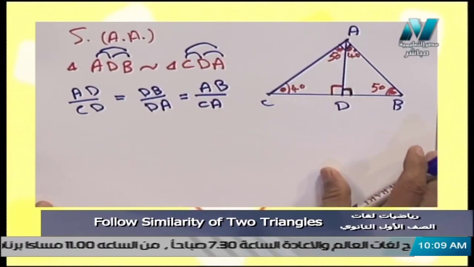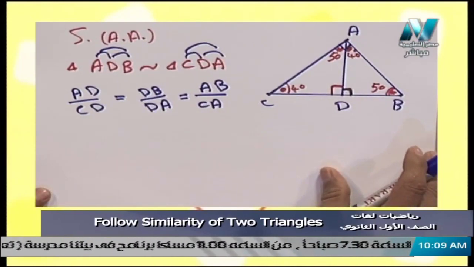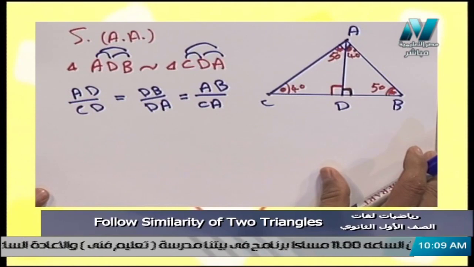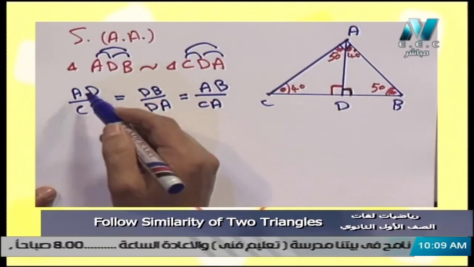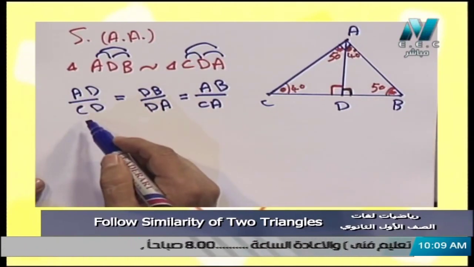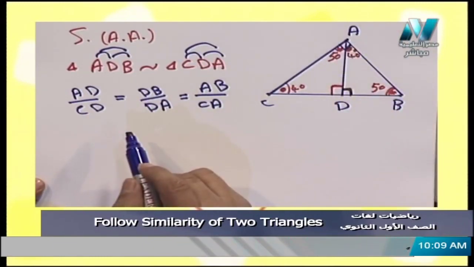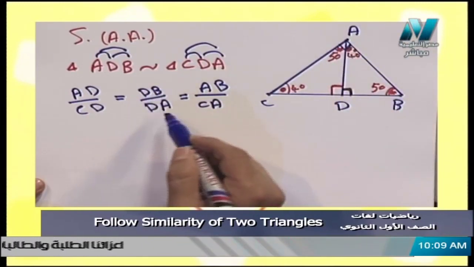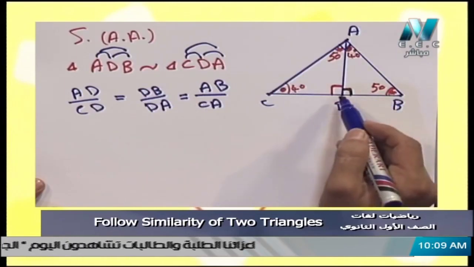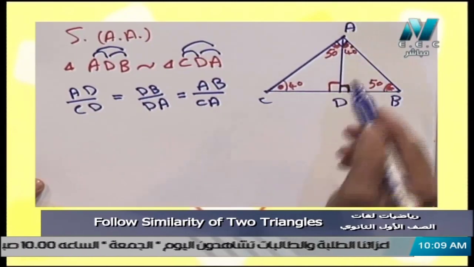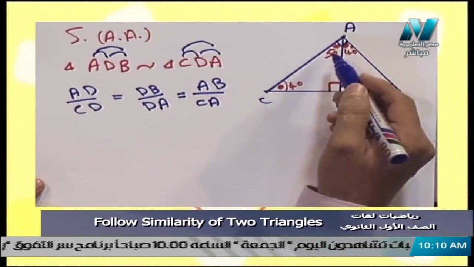Okay, and what we will deduce from that? We have here AD over CD equals BD over DA equals AB over AC.